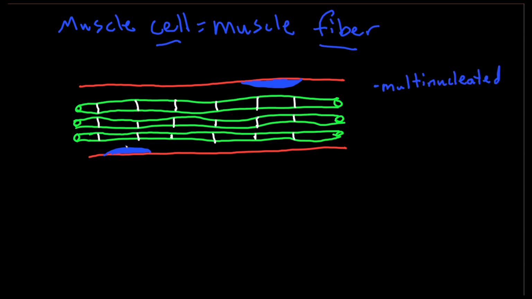And you could probably guess that these are them right here. This is a nucleus. Also be aware that these nuclei are peripheral. And that's kind of important. So when you look at a histology slide, you can see these squashed up against the membrane here, and they're multinucleated.